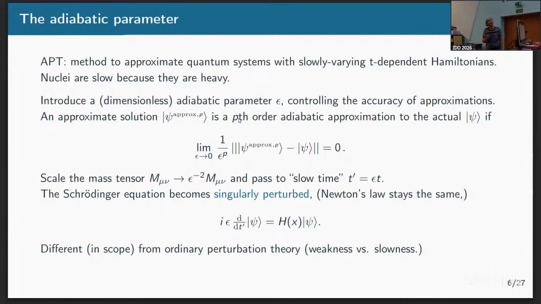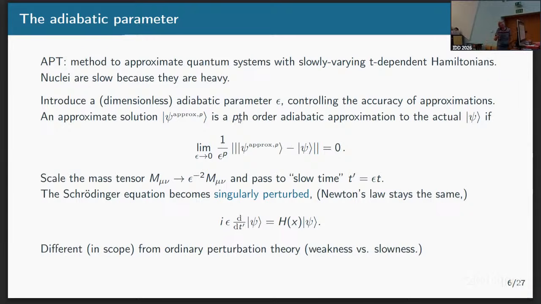However, the key element is that we have slow and heavy degrees of freedom, and how we control the adiabatic approximation. Well, adiabatic approximation just means that your fast degrees of freedom instantaneously respond to the changes of the slow variables. That's just the term.